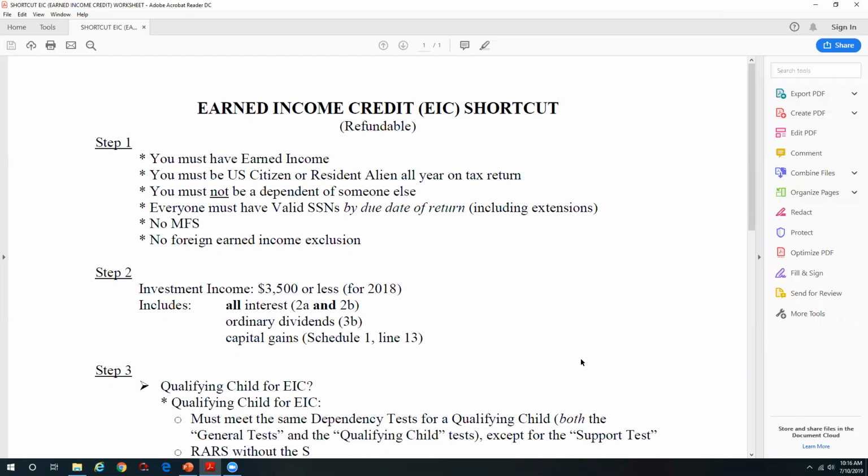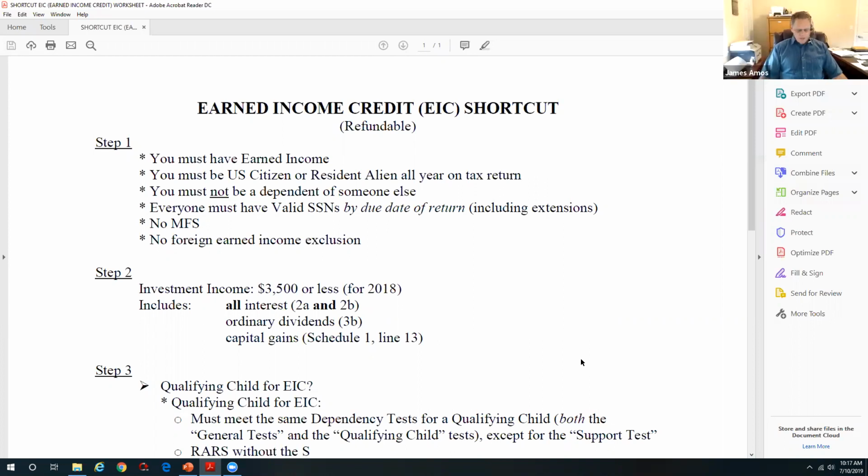Look, once again, you could have thousands of dollars worth of EIC, and if you choose to file MFS, then you're not going to get this earned income credit. Okay, and Sheila, can you read the next one for us? No foreign earned income exclusion.